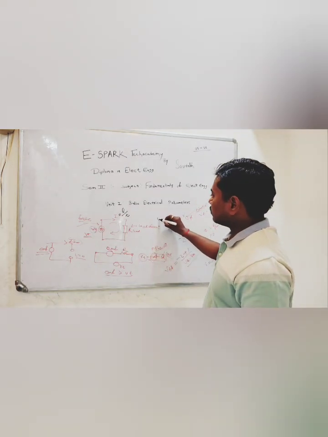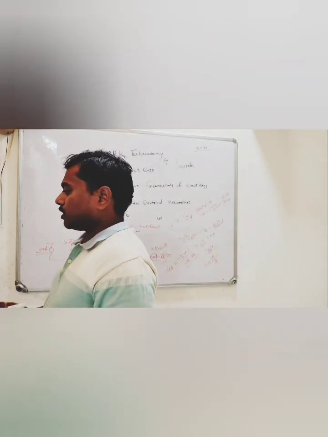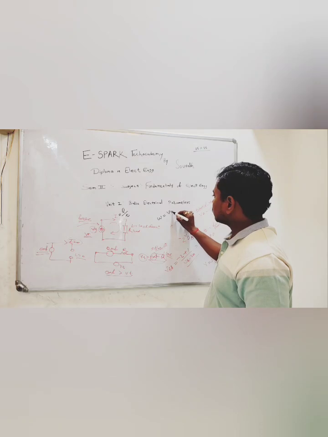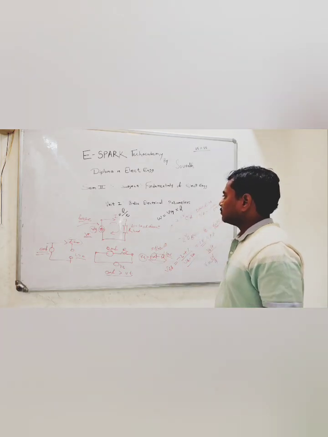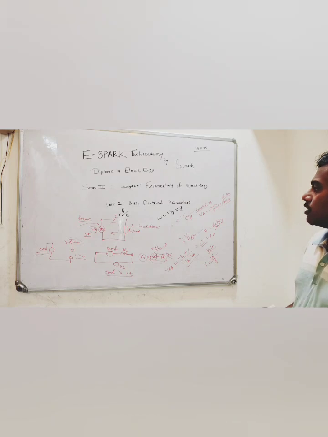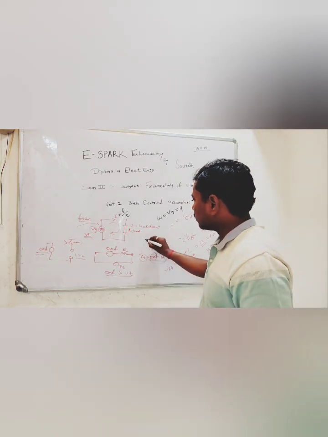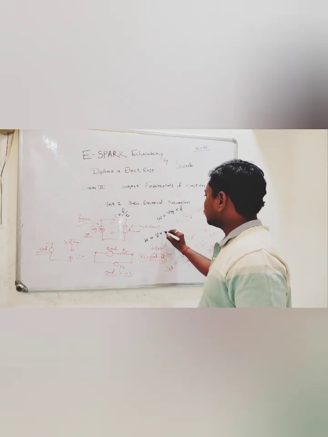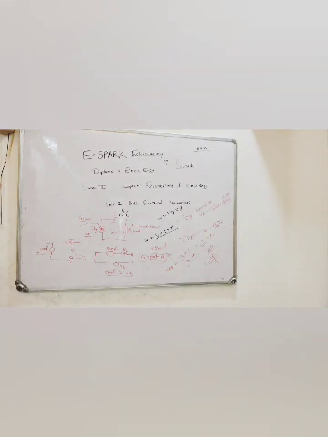Work done will be nothing but voltage into Q, meaning charge. Now you can simply say that the work done will be V into I into T. How do I derive this?